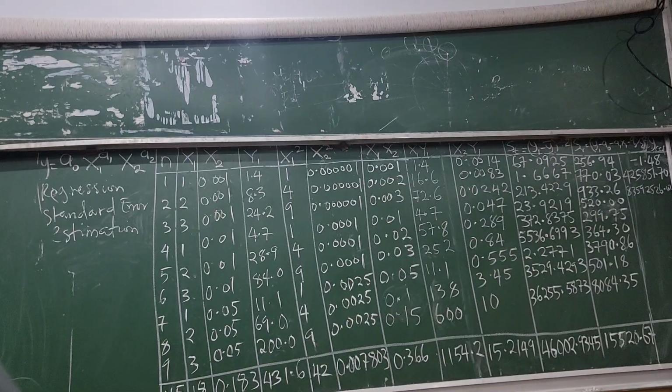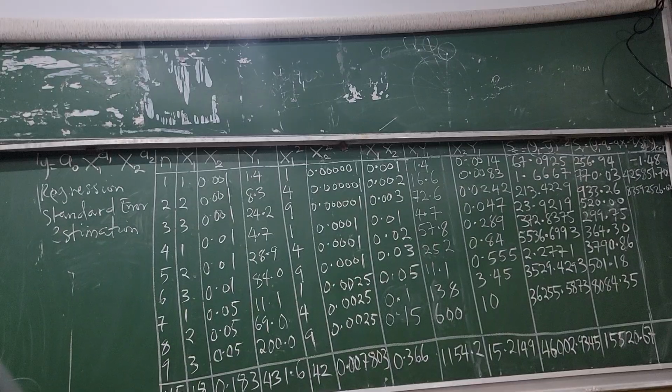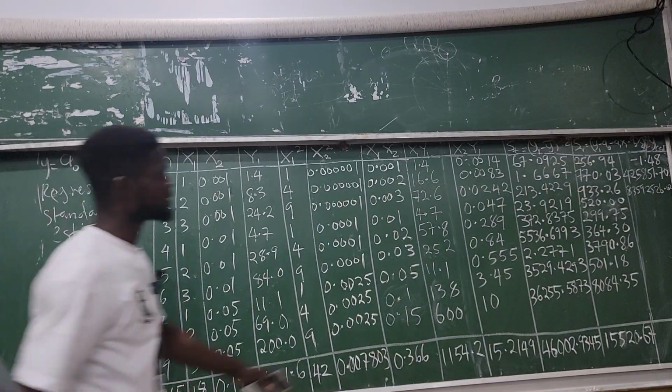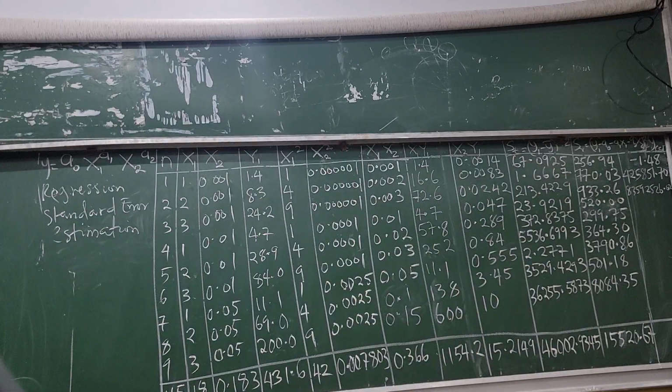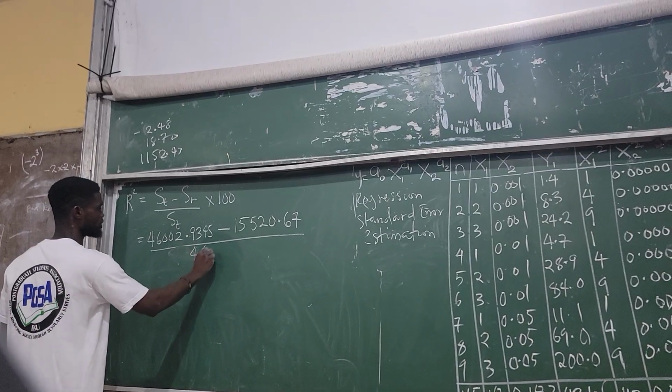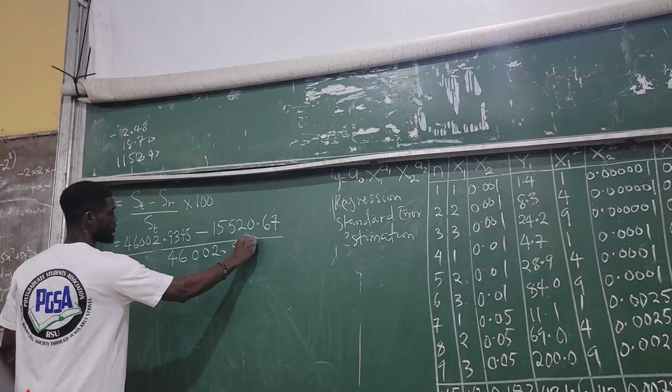2.9345 minus our xr is what? xr 15, class call 15, yes, 52067 divided by 4, 6, 4602.9345.